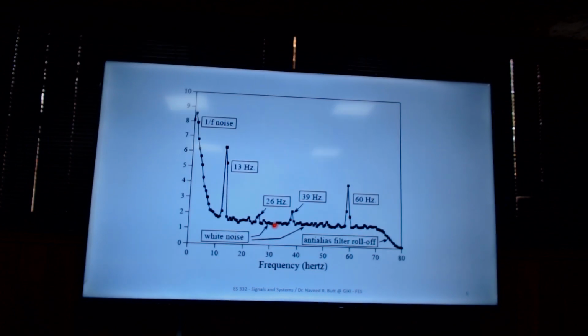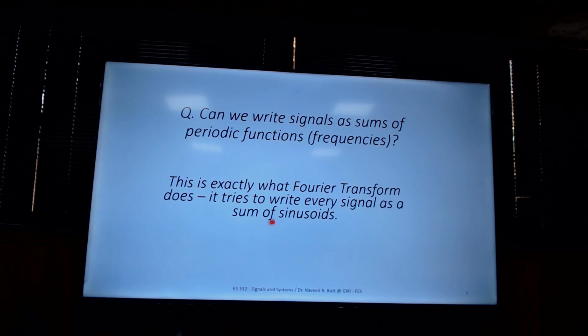So this is the question that the Fourier transform ends up answering: can we write signals as a sum of periodic functions or frequencies? These that you were saying were periodic functions, right? Decay is there, but still periodic.